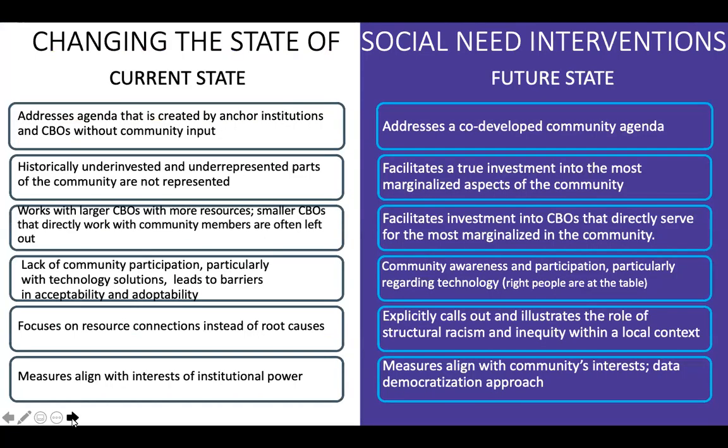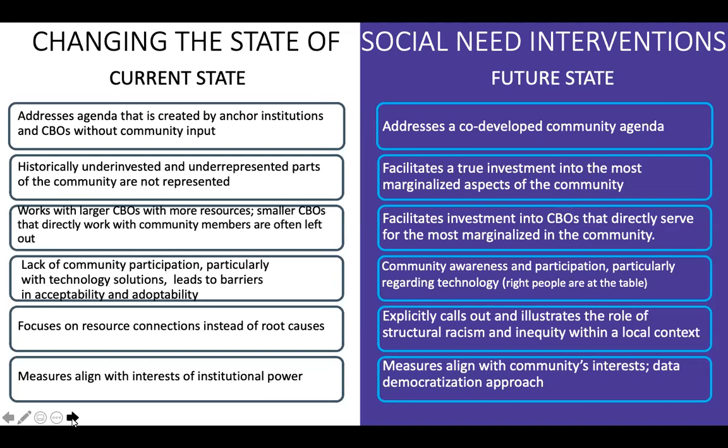And I will not be going through all of this, but we're really looking to use a model like this to change the state of social need interventions. And it really boils down to some of the points that I made earlier about proper representation of the people who are most affected. We're focusing on resource connections instead of root causes.